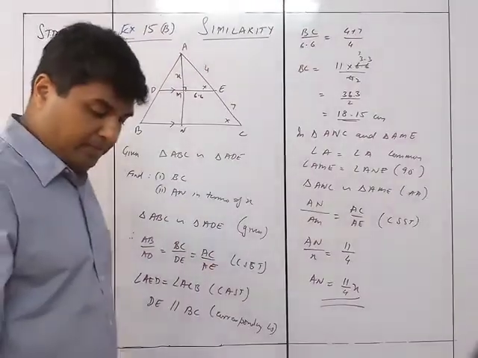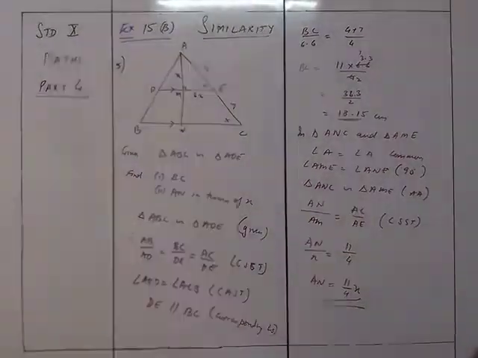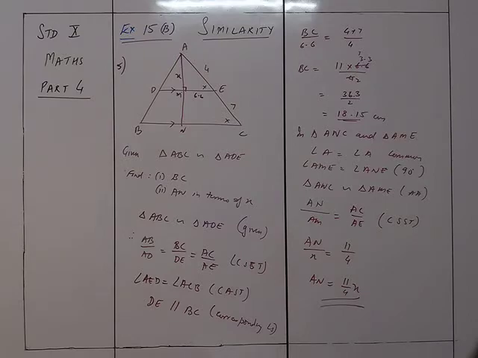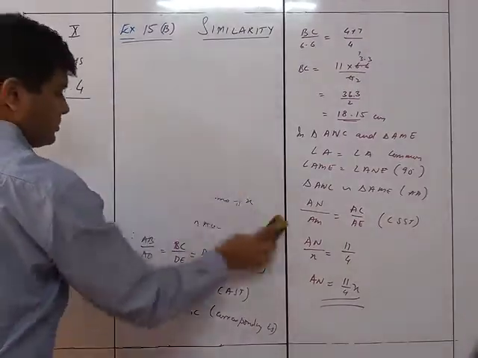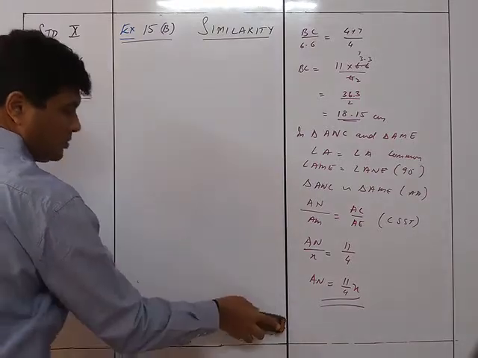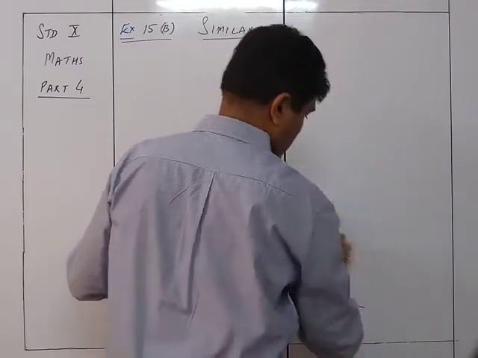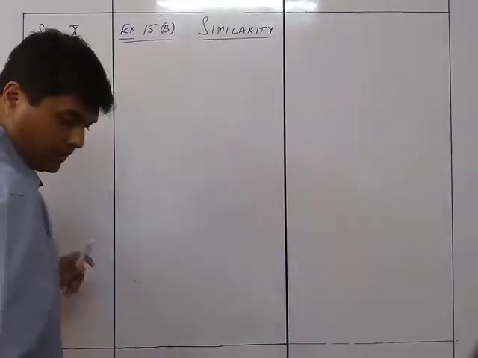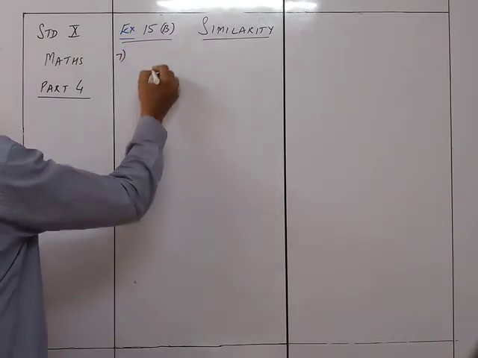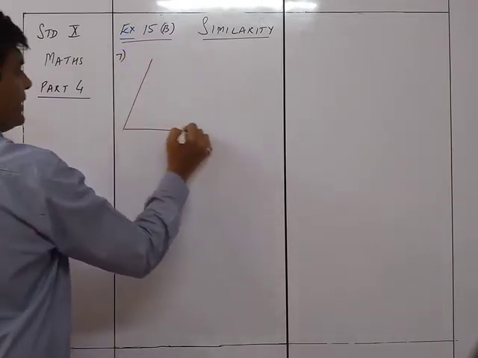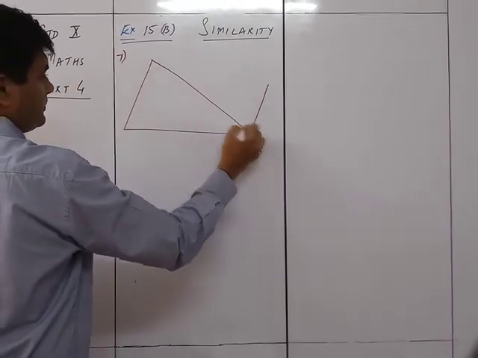We now move on to sum number 7. Similar to what we had done earlier in the previous exercise, but here we can see if you can use the basic proportionality theorem.